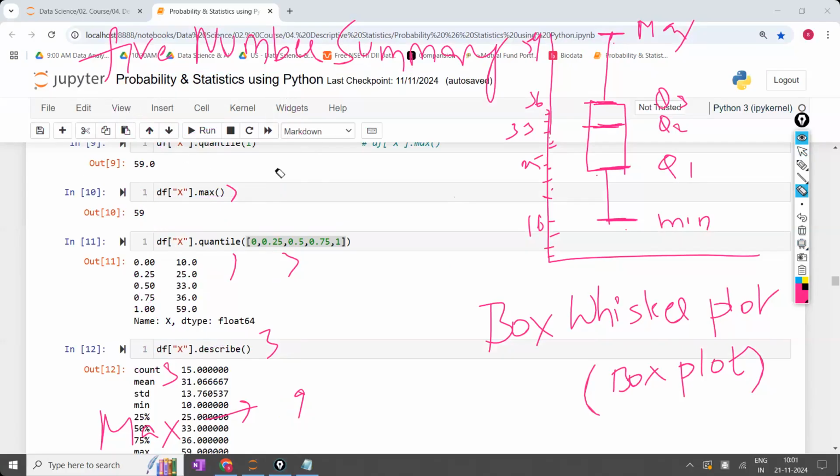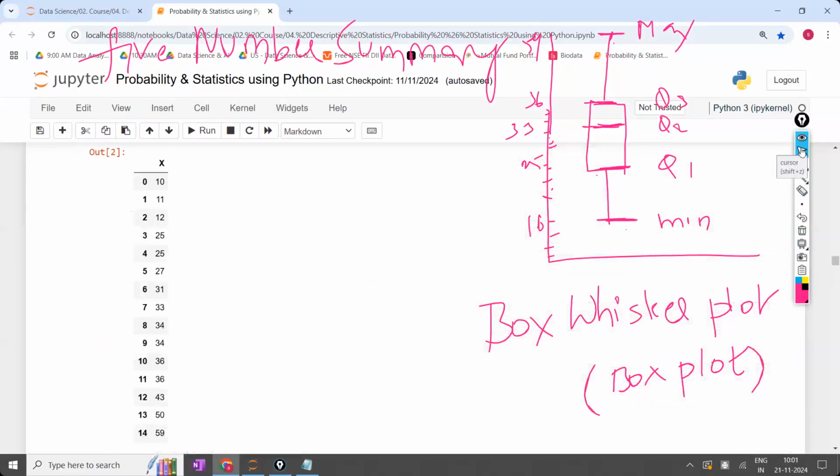Now, is any value in the given data set greater than 52.5? First let me show you the data set. Any value greater than 52.5 in this data set? Yes, one value is available. What value? 59. This value is considered an outlier.